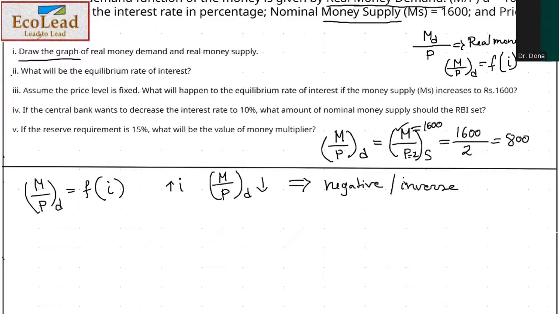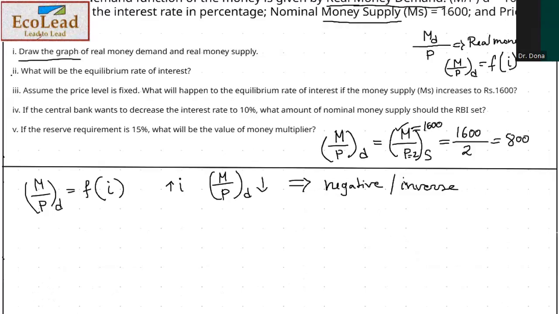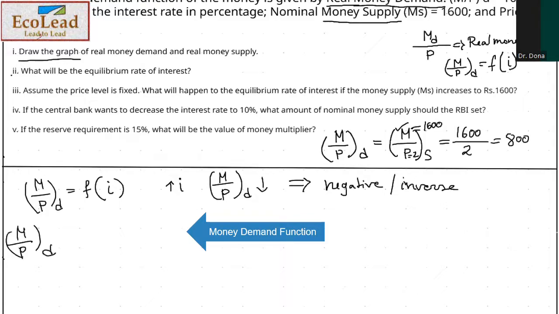Now look at the function that is given. What is the function? M by P D is equal to 1000 minus 10I. We will write the money demand function here: M by P D is equal to 1000 minus 10I.